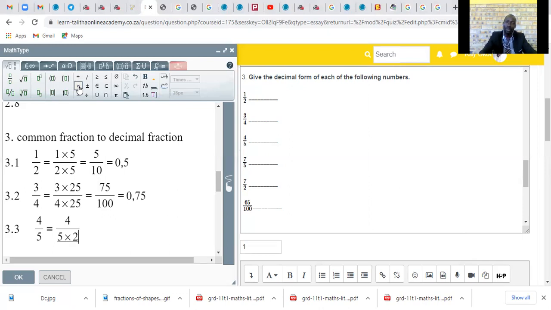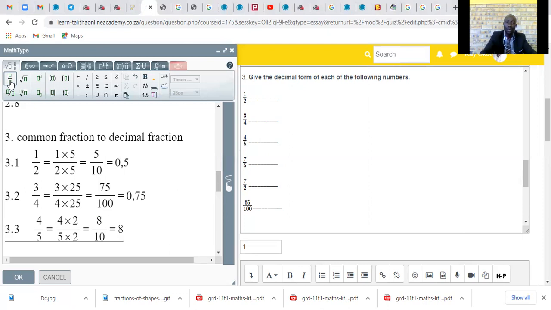Then also we have to do the same for the numerator. And when we do that, for the numerator we will then have 8, and for the denominator we will then have 10. And so you notice that there is only one number, 8. So we write it there, 8.